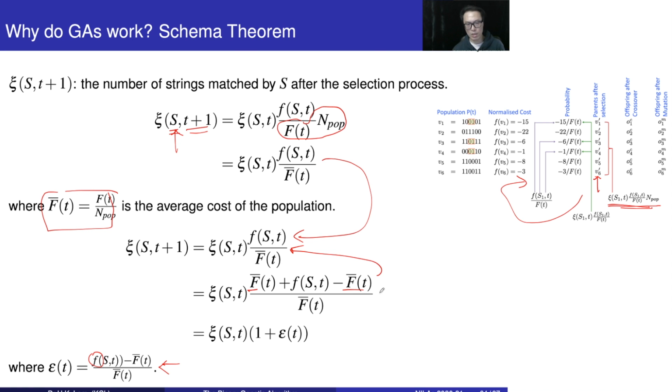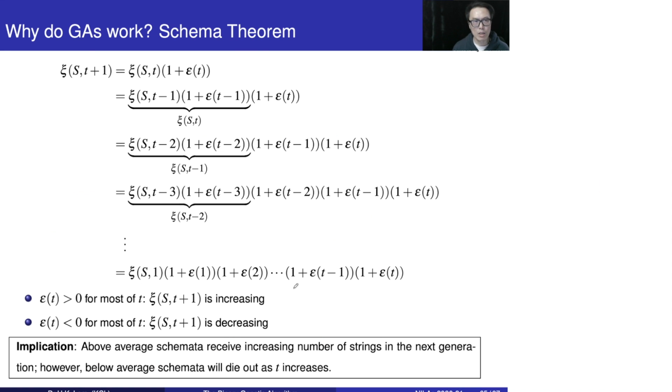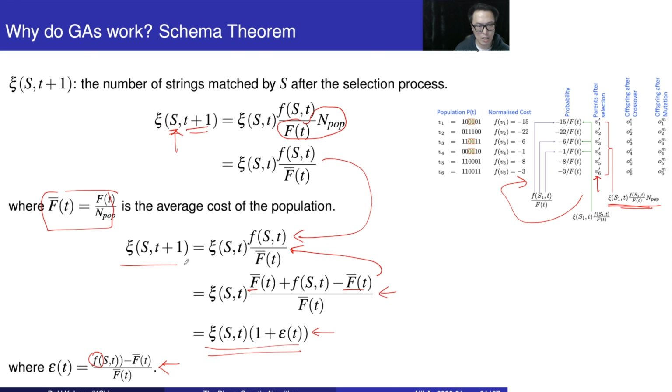Okay. Now we are going to simplify this expression in the last equation, and look at what it actually means. So now the last equation, this is the last equation right here.